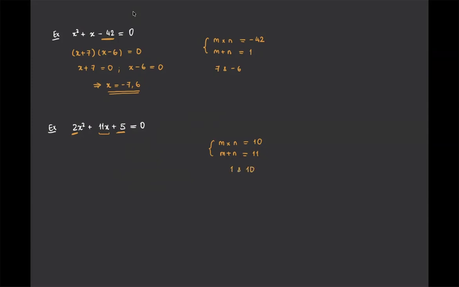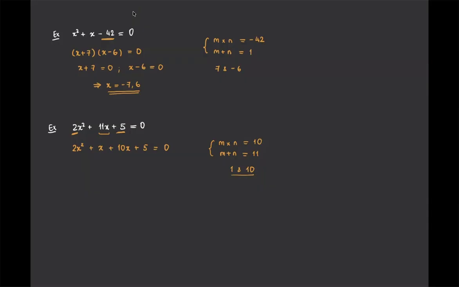And so I'm going to use these to split my 11x as a sum of x and 10x. So my left-hand side of the equation becomes 2x squared plus x plus 10x plus 5, which still equals 0.